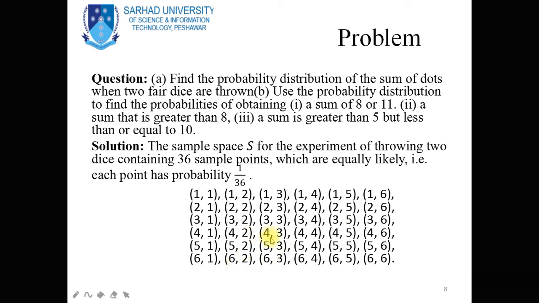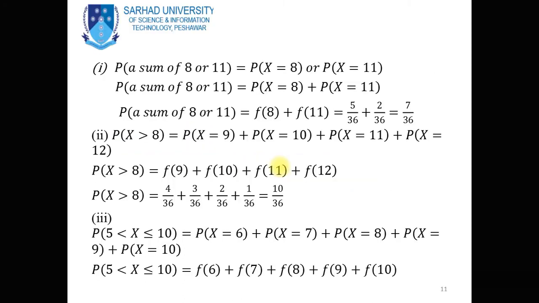So 1, 2, 3, 4, and 5. So in this case we obtain 5 outcomes. So the probability when the sum of darts is equal to 8 is 5 by 36. And when the sum of darts is 11, we obtain 2 outcomes, (5,6) and (6,5). So in this case the probability is 2 by 36. Now 5 by 36 plus 2 by 36 is equal to 7 by 36.